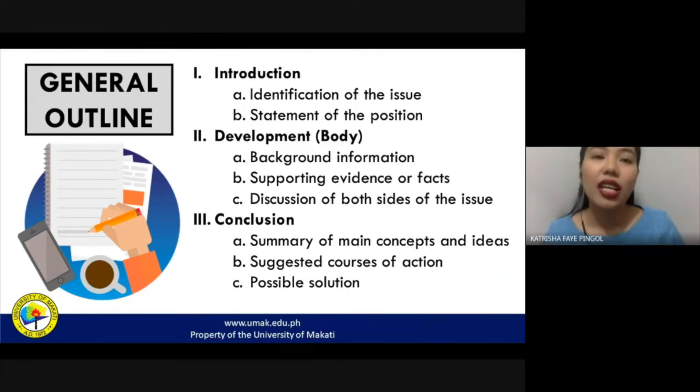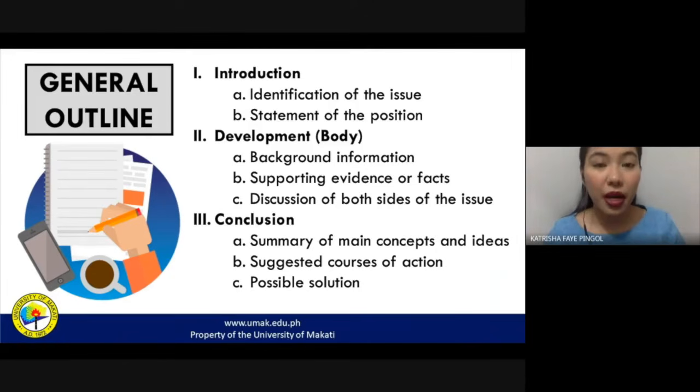After which, you need to state your position concerning that particular issue. Are you in favor? Are you not in favor? Do you agree or do you disagree? Do you think it's good? Do you think it's bad? And so on and so forth. So it's best that in the introduction itself, you already discuss your issue and your stand or your viewpoint.